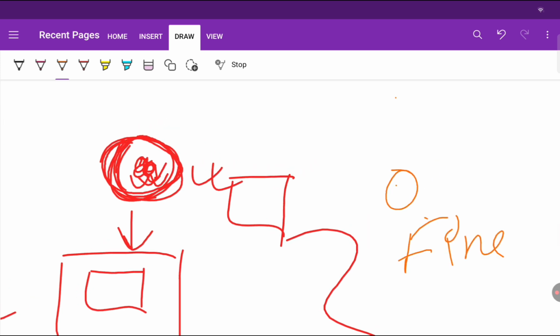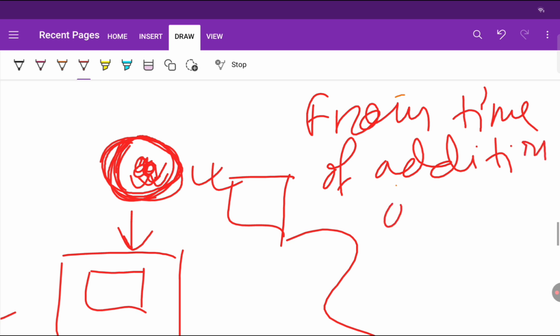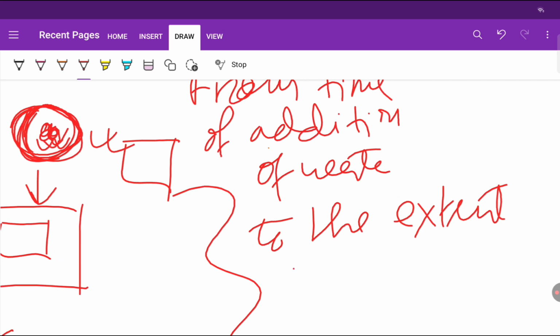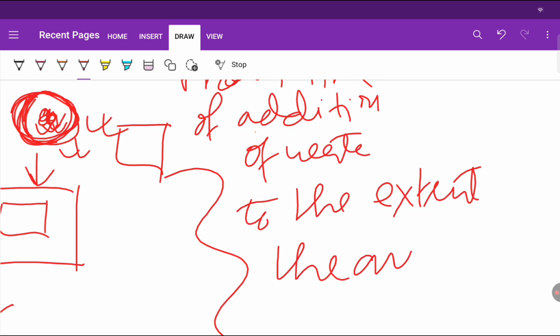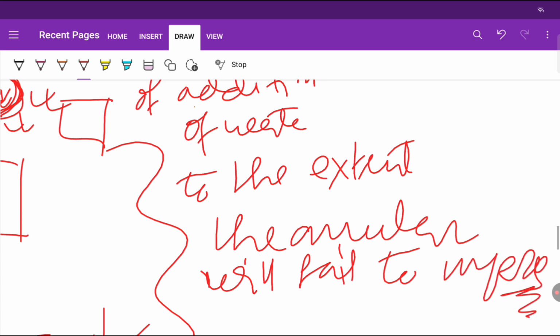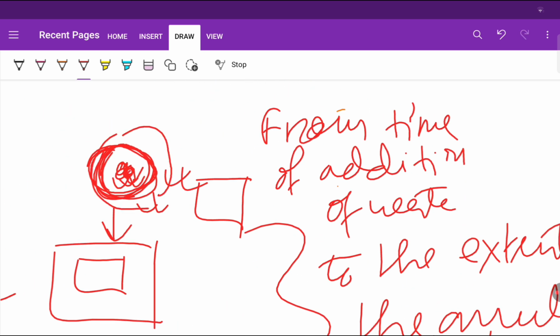Okay, so from the time of addition of water, to the extent that the annular collar fails to give impression, but the needle will give impression.